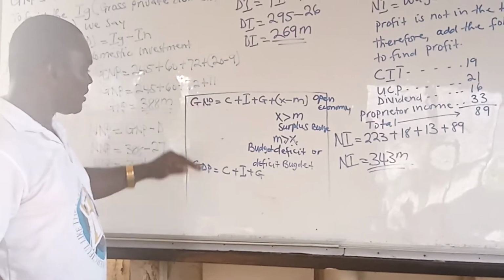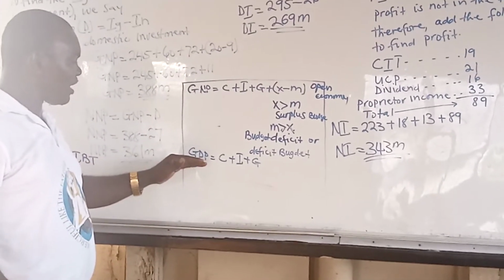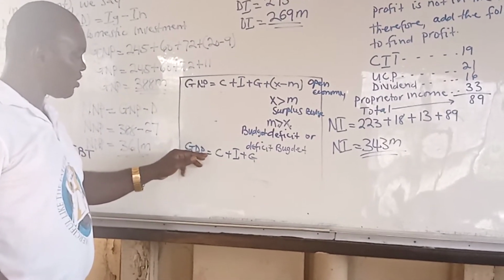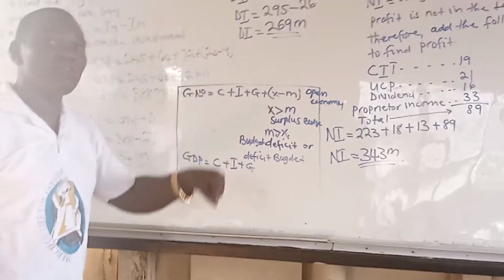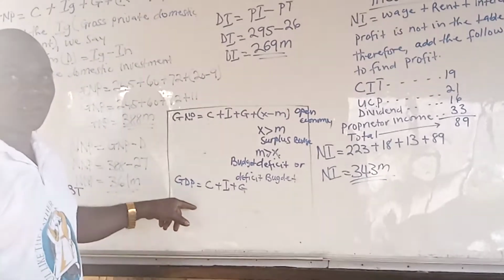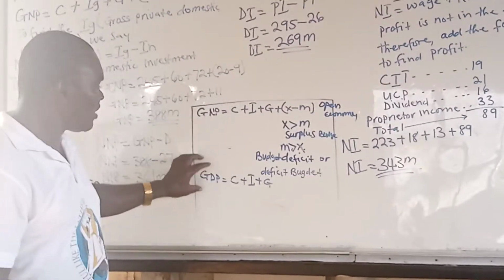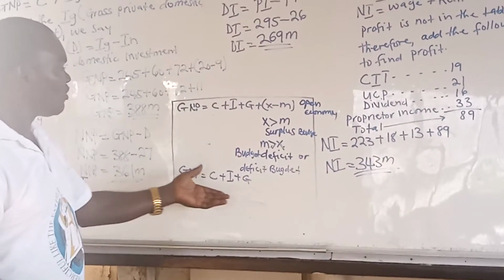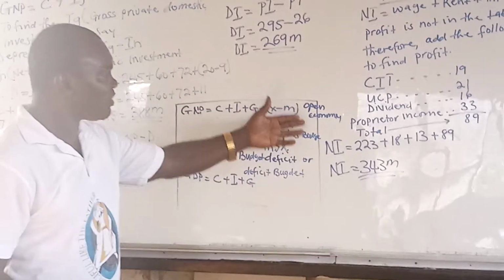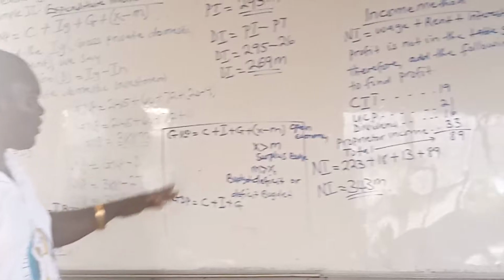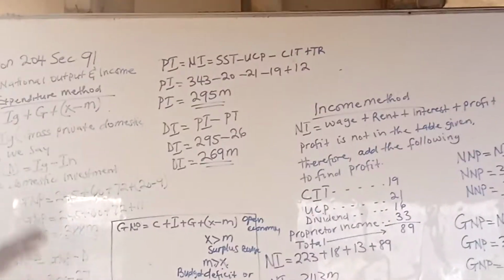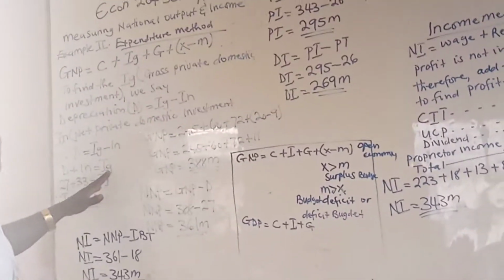GDP, the gross domestic product, is the total monetary value of goods and services produced within the country. So one day we'll be asked to differentiate between open economy and closed economy. From there, we'll solve the problem now.